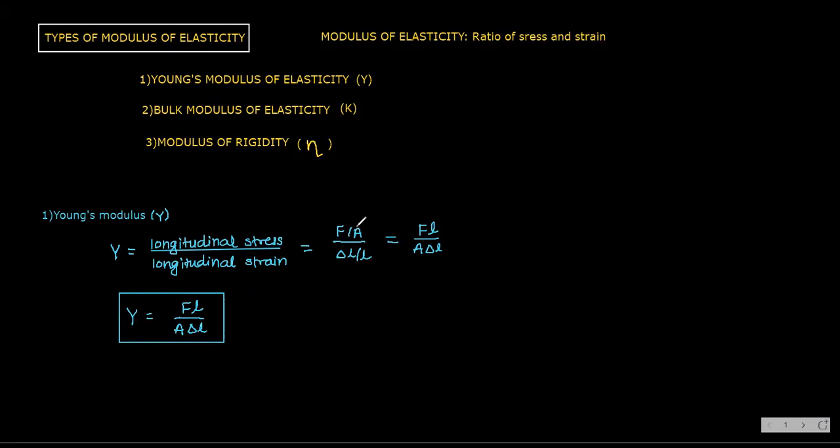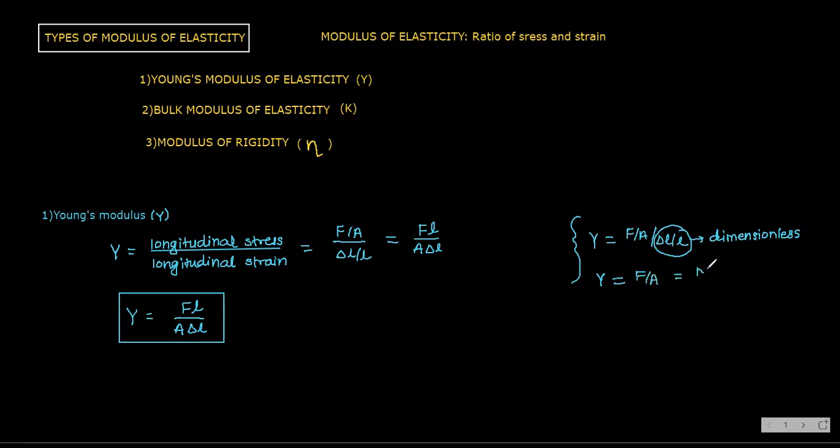Dimensions of Y equal F by A divided by delta L by L, and this is dimensionless. Therefore Y is equal to F by A dimensionally.